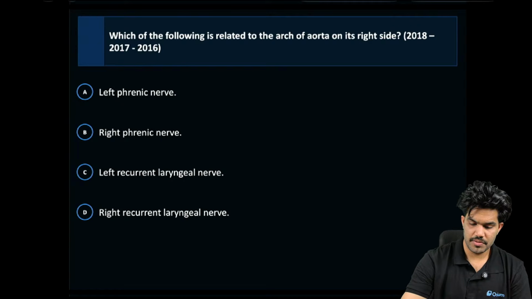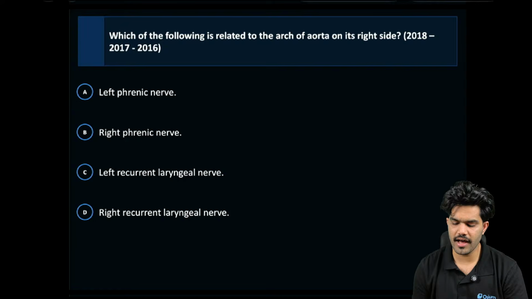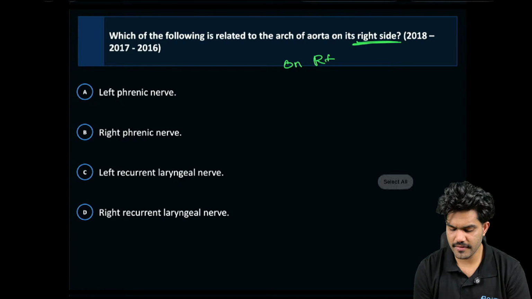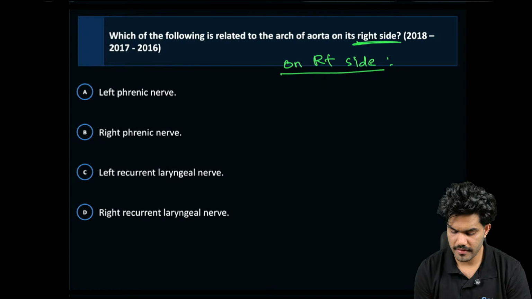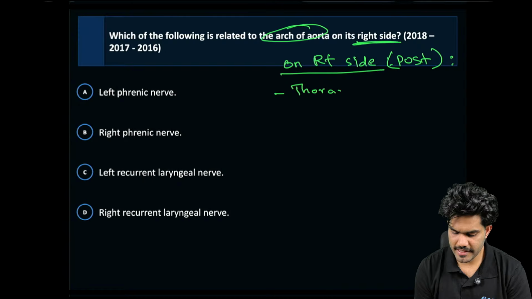Let's see next question. Which of the following is related to the arch of aorta on its right side? Let's see on the right side what all we have. Arch of aorta, and we can also say it's posterior right. So it has thoracic duct, plus it has trachea.